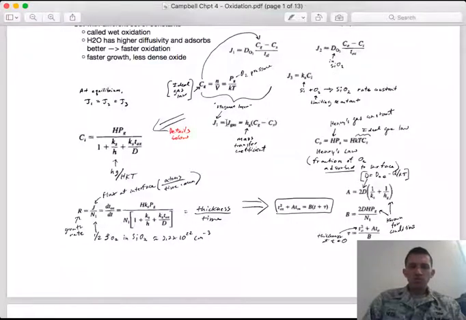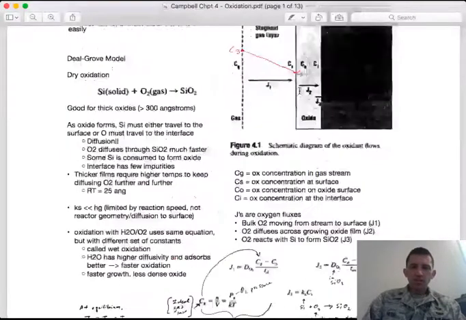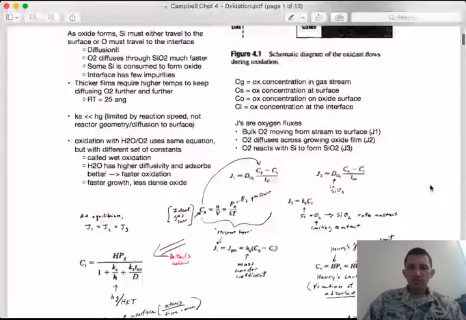That's two equations. We need a third equation, and that equation here is Henry's law. So Henry's law describes the fraction of oxygen that is adsorbed to the surface. That gets us essentially our third equation, and is the tie between C sub S and C sub 0.